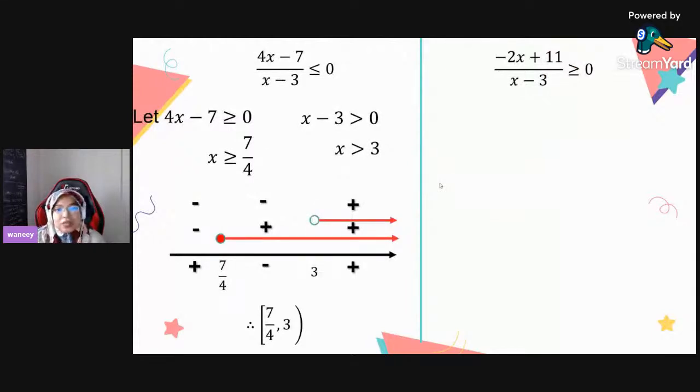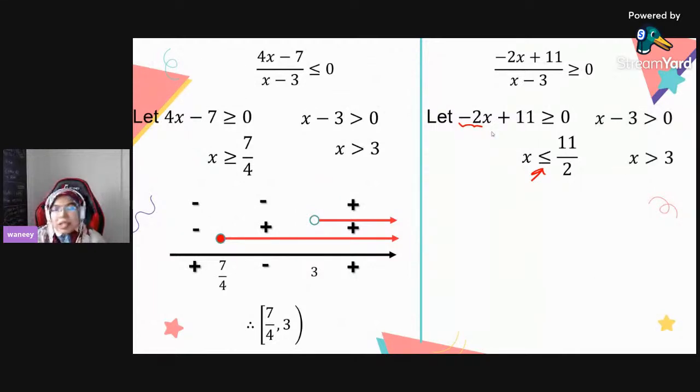Okay, so now again, take the numerator, let them be greater than or equal to 0. So x will be less than or equal to 11 over 2. So do remember, I flip the sign because I divide with some negative number. And then take your denominator, let them be greater than 0. So x will be greater than 3.